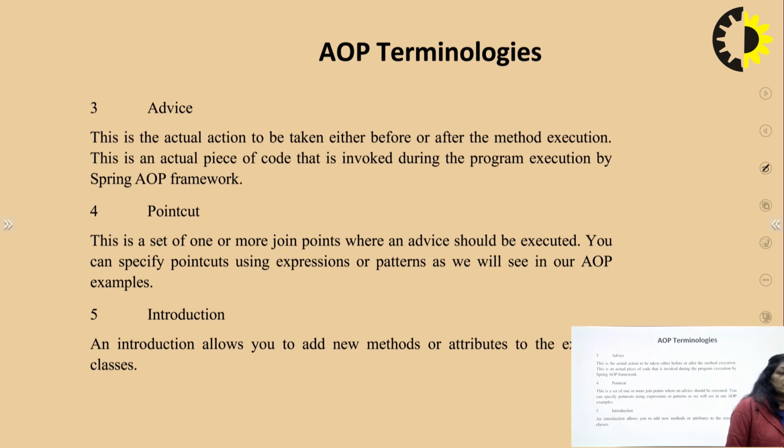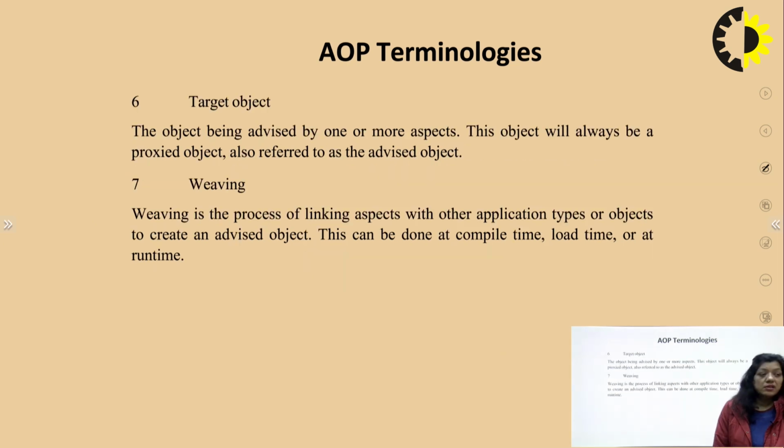And pointcut is a set of one or more join points where an advice should be executed. We can specify pointcuts using expressions or patterns as well, as we will see in our AOP example. And introduction allows you to add new methods or attributes to the existing class. Last one is target object and weaving.